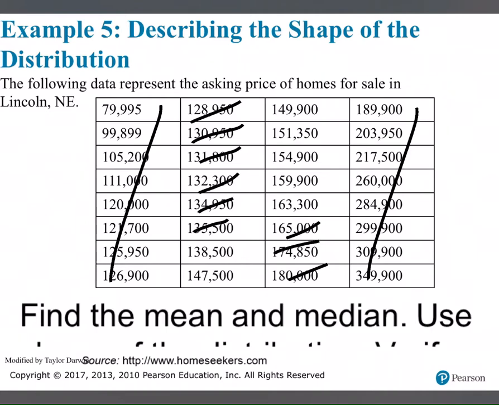These are my two middle numbers. So remember, if I've got two middle numbers, I've got to average these two together. By doing that, I'm going to add them together and divide by 2. And I'm going to show you what I get on the next page.